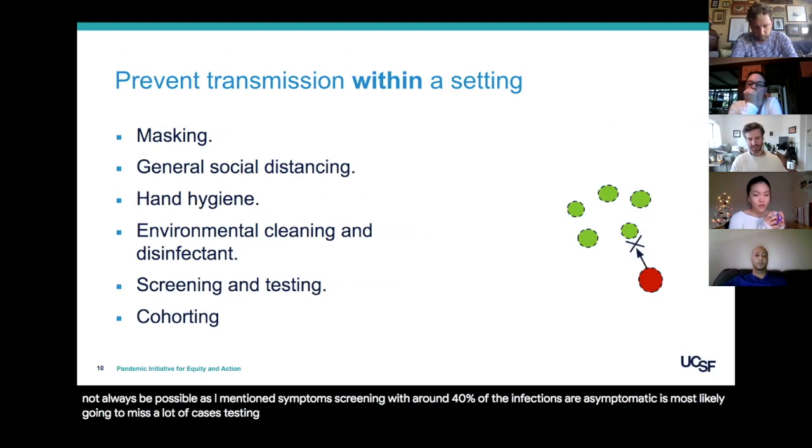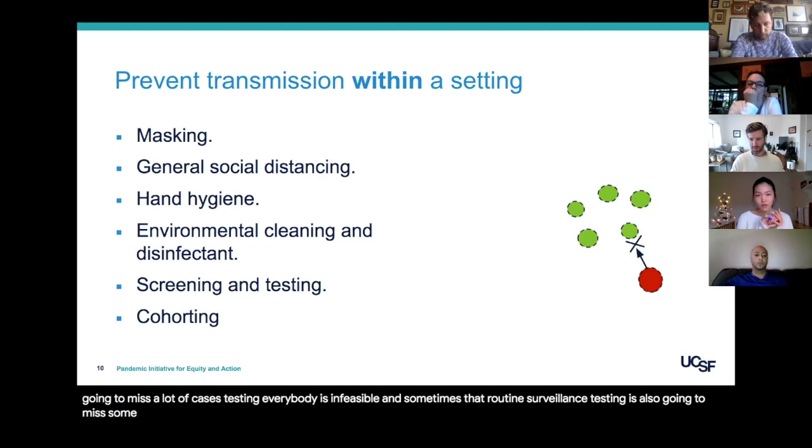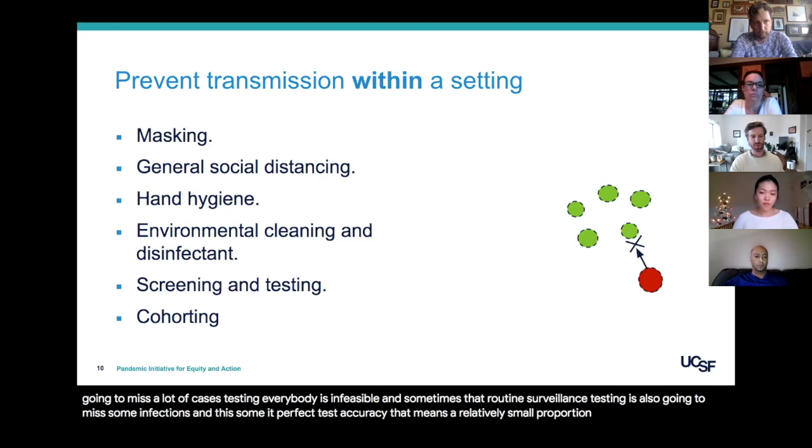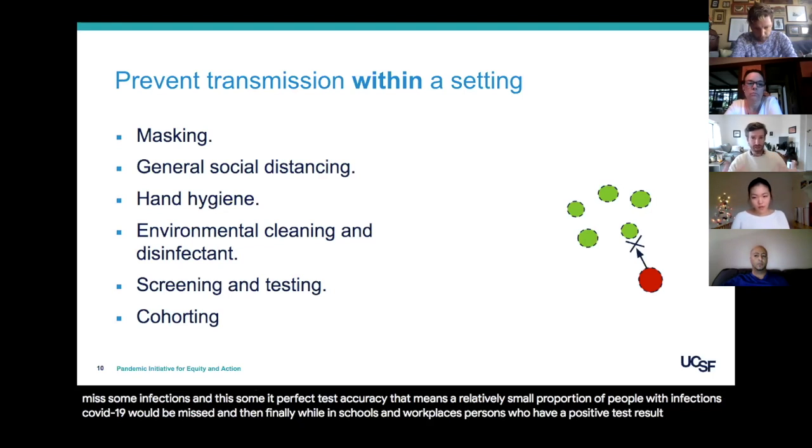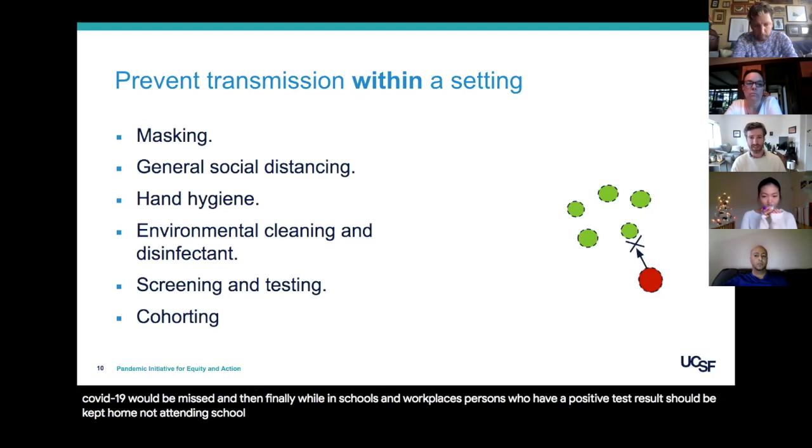Testing everybody is infeasible, and sometimes that routine surveillance testing is also going to miss some infections. And there's some imperfect test accuracy that means a relatively small proportion of people with infectious COVID-19 would be missed. And then finally, while in schools and workplaces, persons who have a positive test result should be kept home, not attending school, not attending a workplace.